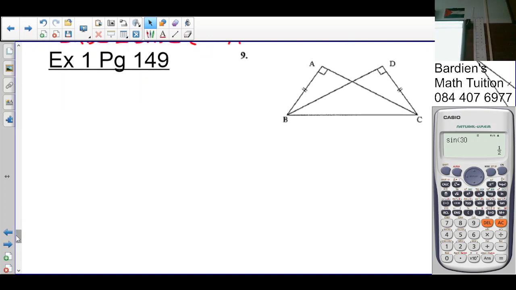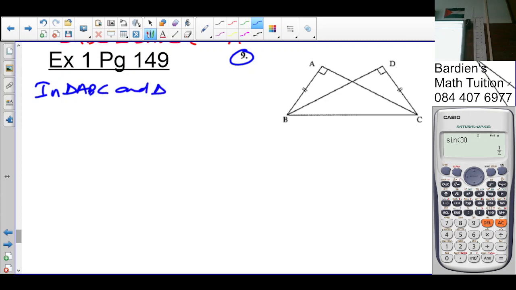Let's look at 9. In number 9, in triangle ABC and triangle DCB.